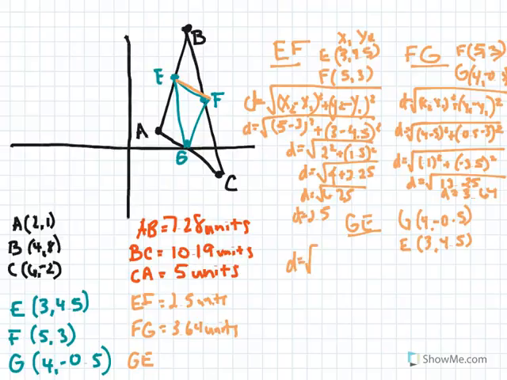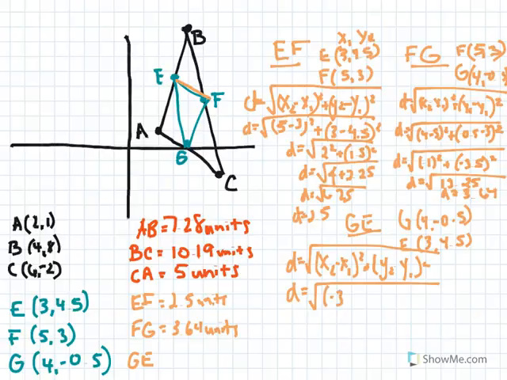And the last one we have to do is GE. We have distance equals the square root of x2 minus x1 squared plus y2 minus y1 squared. We have distance equals the square root of 3 minus 4 squared plus 4.5 plus 0.5 squared.